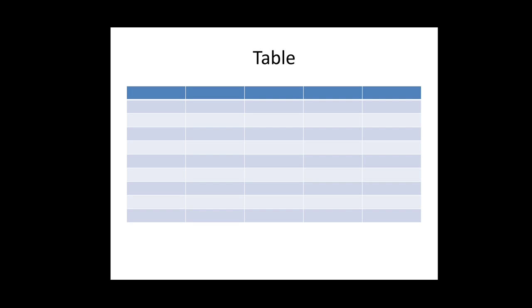Here I am showing you a table. You can convey your data or information in the form of a table or column also. So this is also one form of showing or describing your data in a picture way.